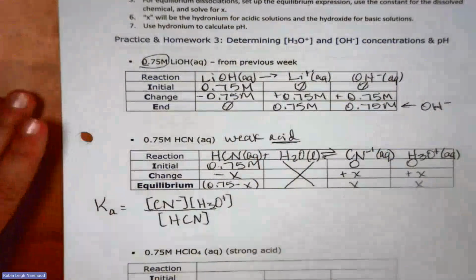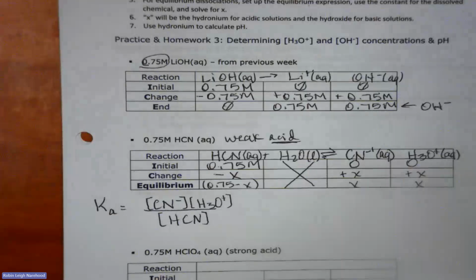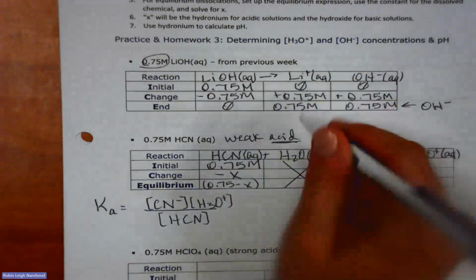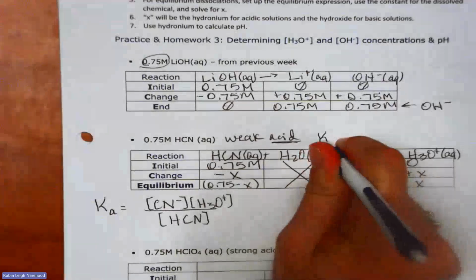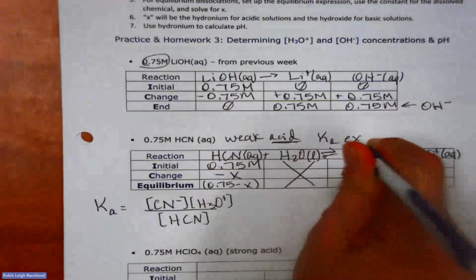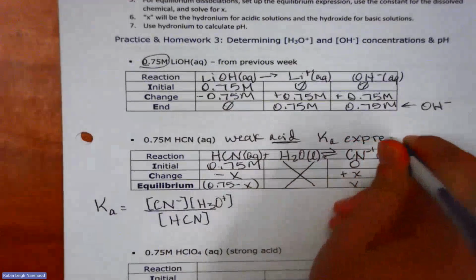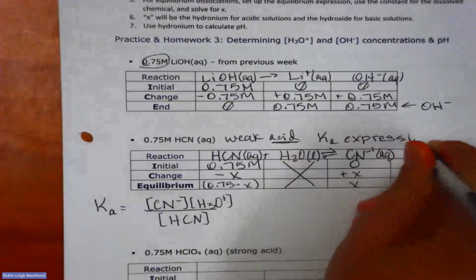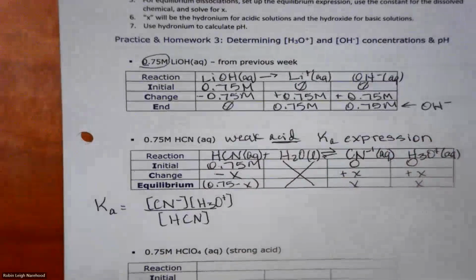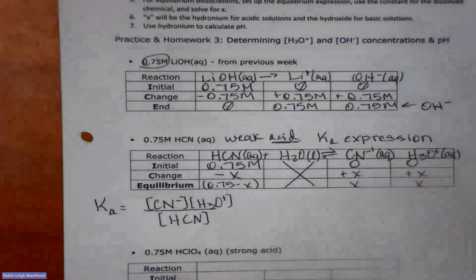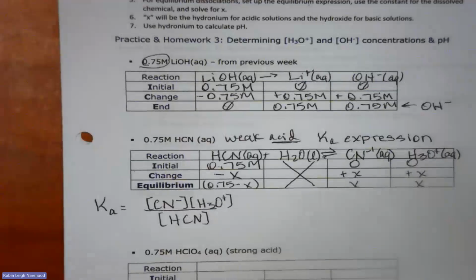This is the weak acid behavior. So if you set up an acid dissociation, you would then write a Ka expression. So instead of calling it an equilibrium expression, I'm going to call it a Ka, which is an equilibrium expression. So if it's a weak base, I would set up a Kb expression.